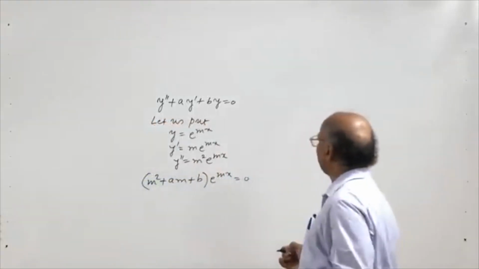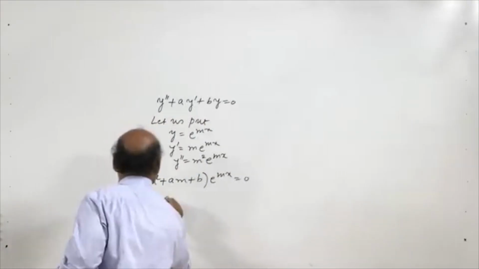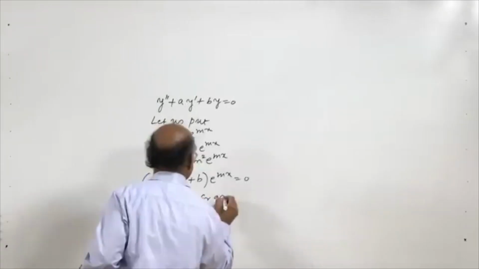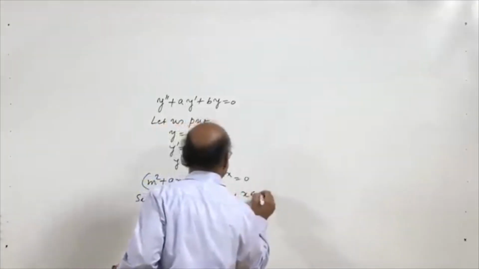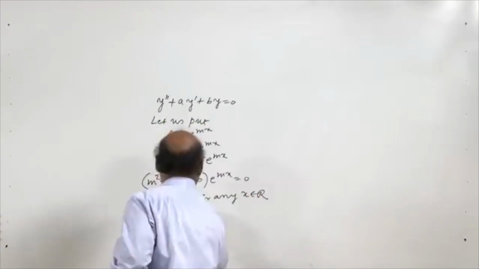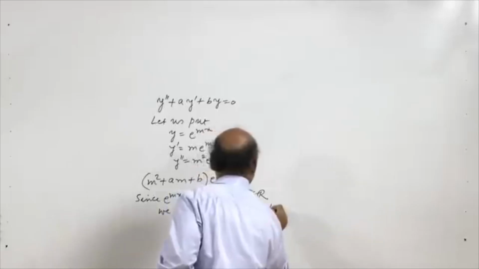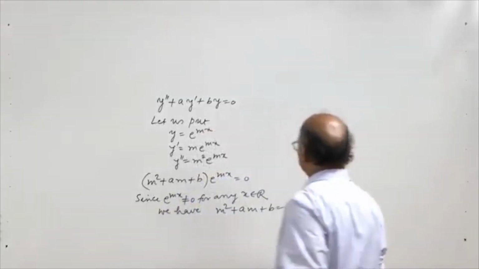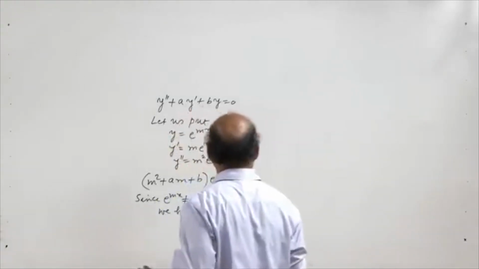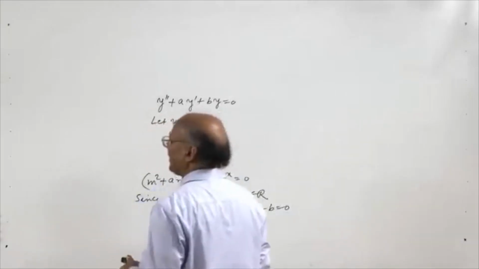Now since e to the power mx is never 0 for any x belonging to R, we have m square plus am plus b equal to 0, which is a quadratic equation of second order in m.